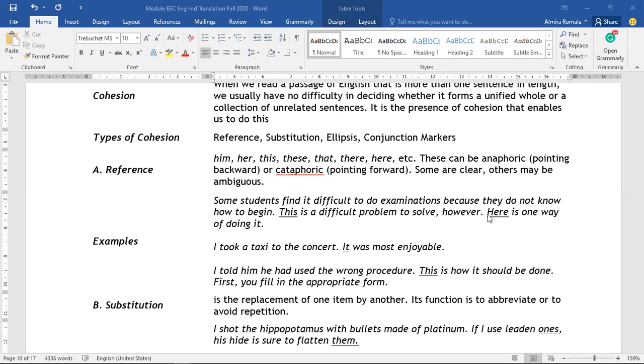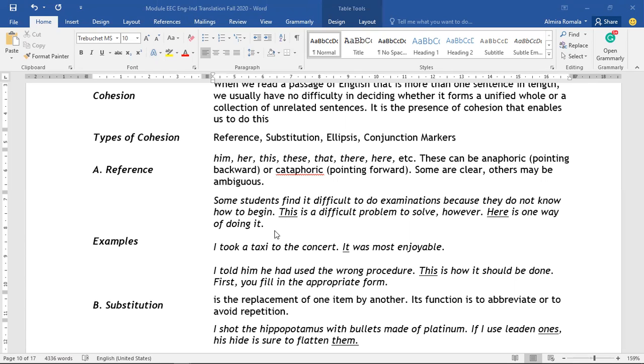And then another thing, here is one way of doing it. This is actually an inversion structure of a sentence. The regular one is one way of doing it is here. So it's like an inverted one. The complement is put at the beginning of the sentence to make an emphasis.